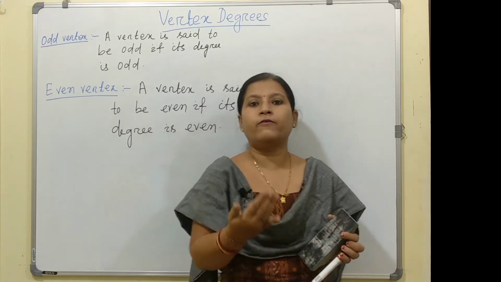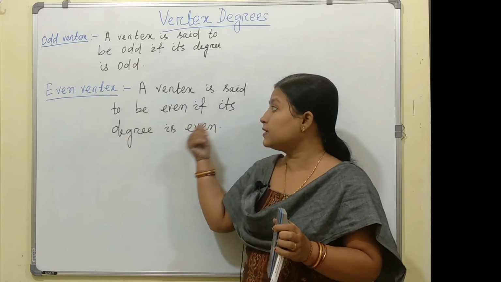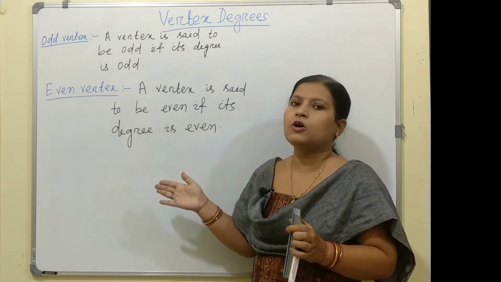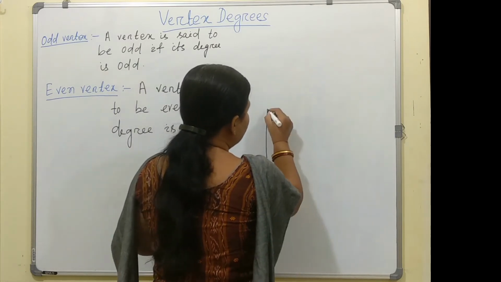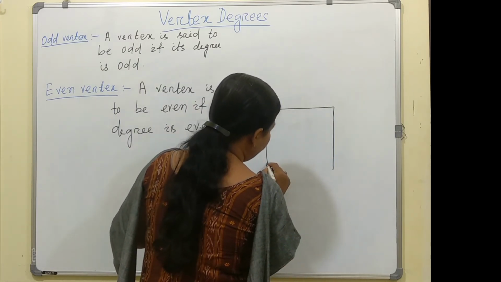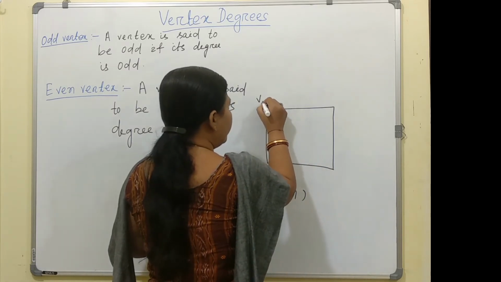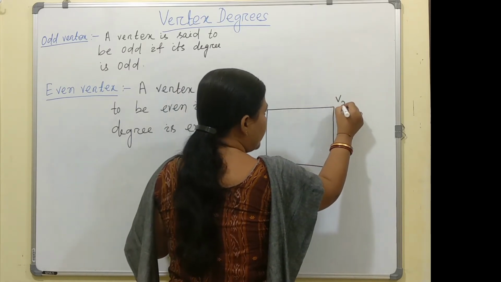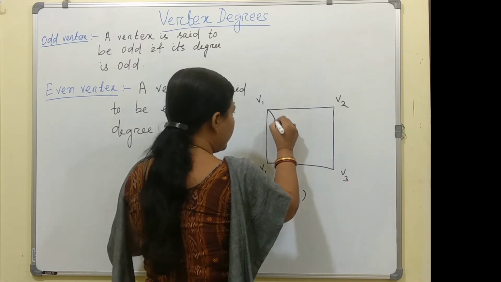If the degree of a vertex is an even number, then it is called an even vertex. So for example, this is a graph G. There are 4 vertices V1, V2, V3, V4.